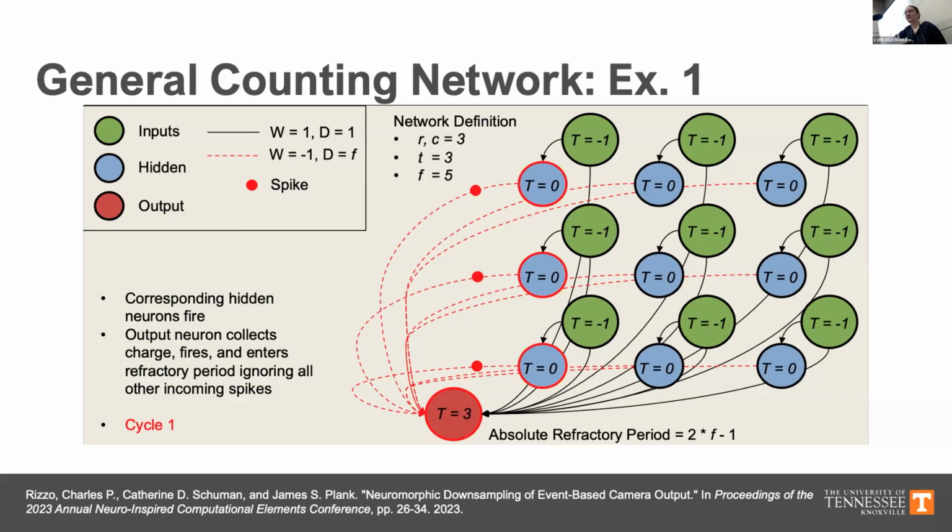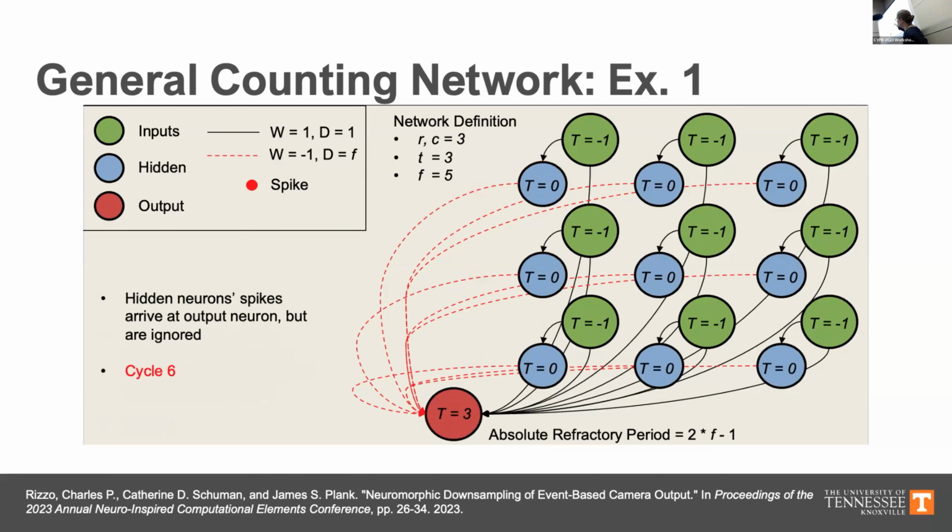And then that neuron is going to enter its refractory period, which means that it's going to ignore all of the inhibitory spikes that are coming into it. This is only important because this is saying, okay, 3 spikes happened, I'm firing, I'm ignoring everything else that hits me during my absolute refractory period. This network is now ready to be used again on a new region.